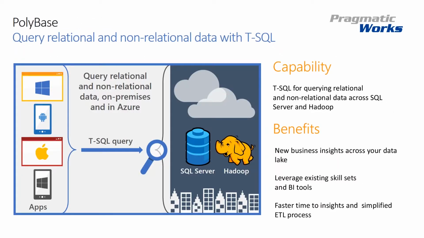So once again, it gives you the ability to query relational and non-relational data across SQL Server and Hadoop. It gives you insight across your data lake, so you can use the tools, get faster time to insights, and, like I said, simplify that ETL process using something like a CTAS.